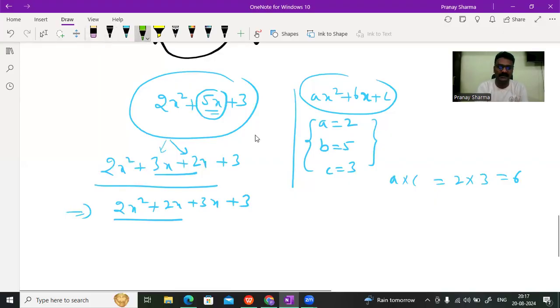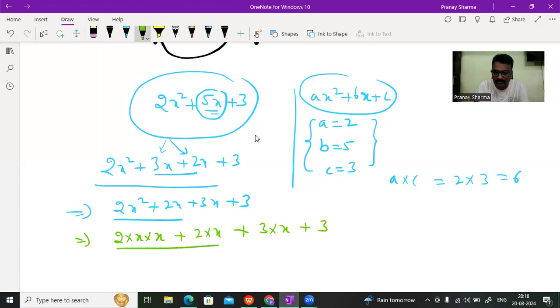So I'll be changing the marker now, and I'll tell you how common can be taken. If I rewrite this expression 2x square, it will be 2 into x plus this will be 2 into x plus this will be 3 into x plus this will be 3. So if you take the first two terms, 2 and x will come out as common.